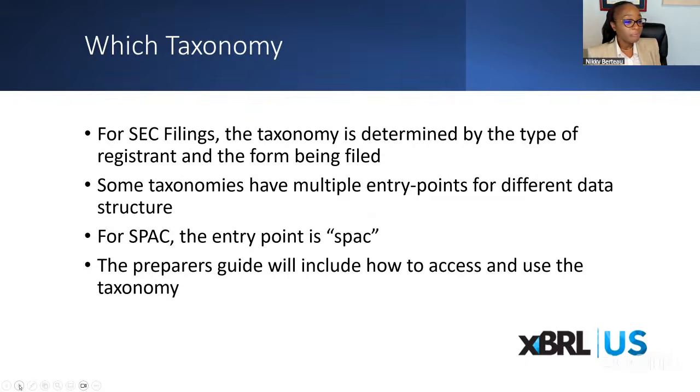So for the SPAC filings, for example, the relevant entry point is labeled SPAC, right? And there are different entry points within that taxonomy. So the important takeaway here is that preparers need to start with the correct taxonomy and the correct entry point, because that's what determines the set of elements and structures that will be available to you in that filing. Next slide, please.